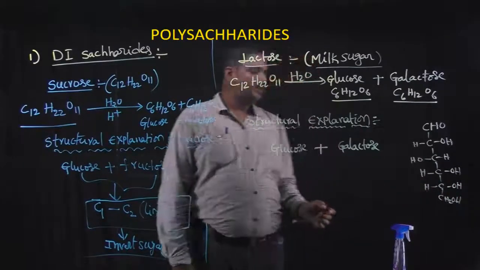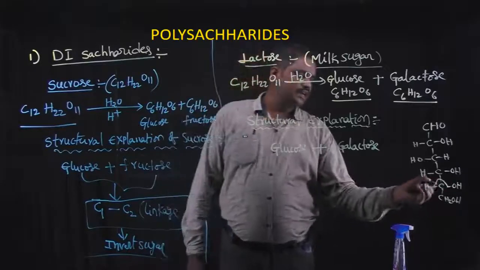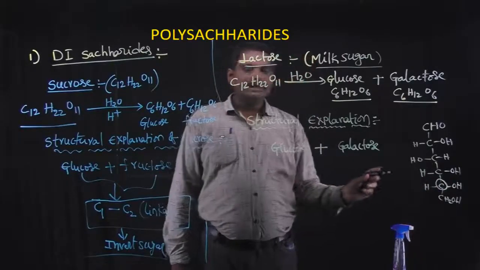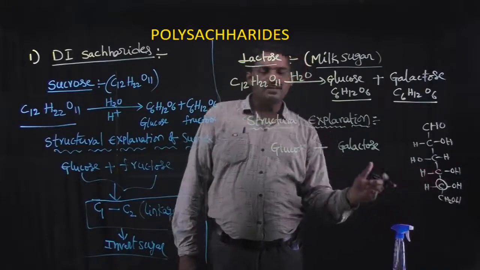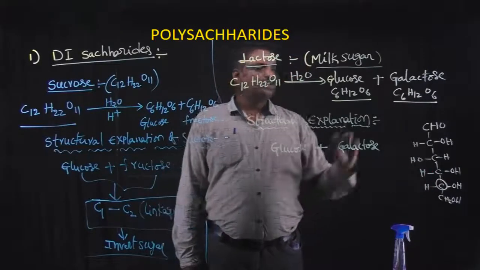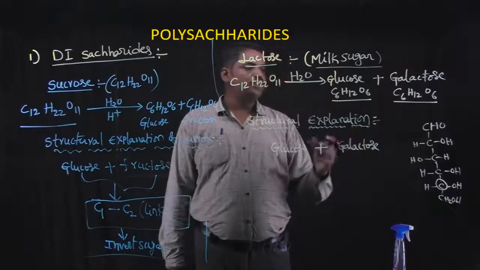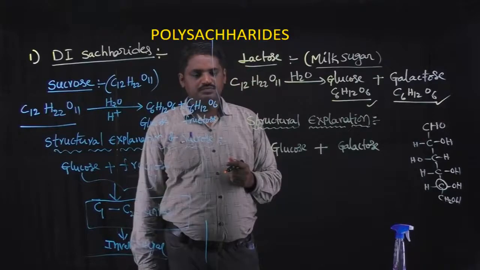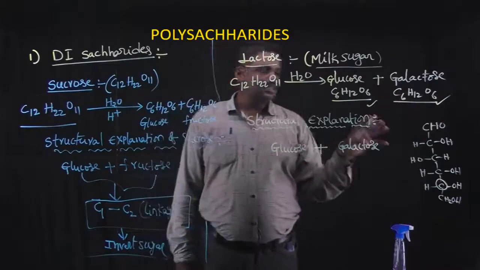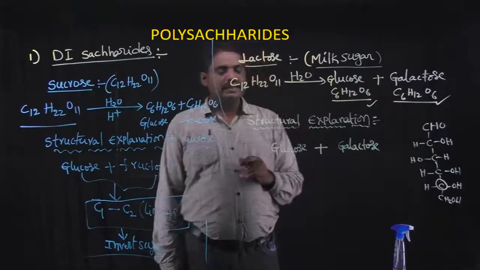So the fifth carbon, this carbon's hydroxyl group is moved from the right hand side to the left hand side. So the total molecule is changed, and glucose is converted to galactose. So this is the difference between glucose and galactose.